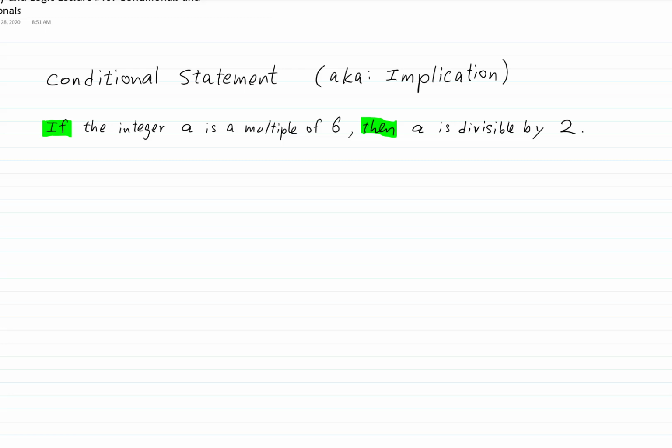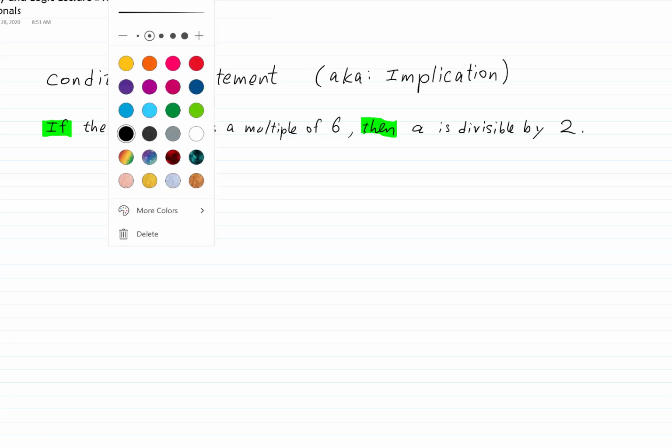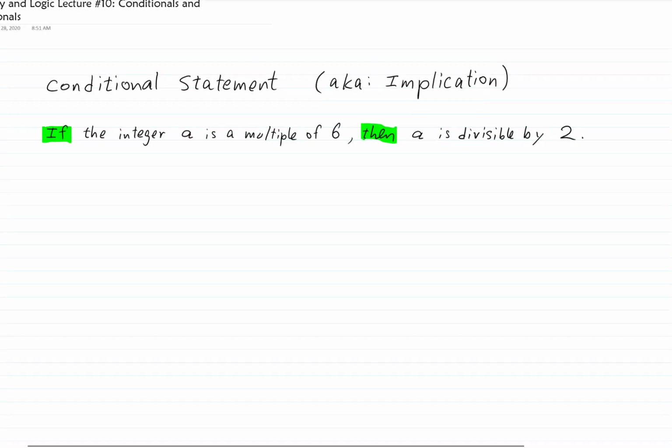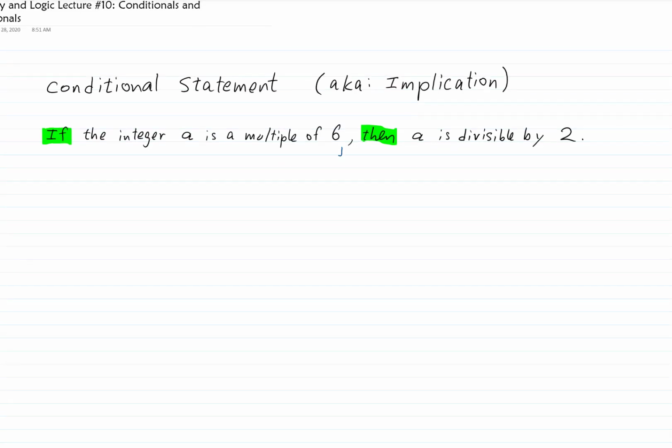Now, let me show you the symbol for this. There's one symbol that means if, then, or implies. Okay, let's talk about this. So, I want to point out something to you. This is a statement by itself right here.